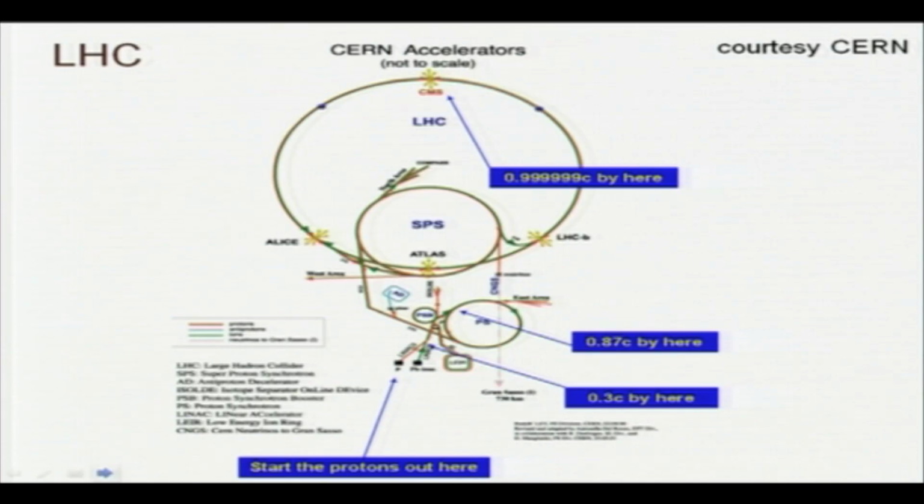Okay, that's an aside, but now coming back to the LHC, we will see that this complex has different stages of accelerating protons. They are produced at the start, then accelerated through a linear accelerator and a PS, the proton synchrotron, to some energies, and finally, when they come to the LHC's ring of 27 kilometer perimeter, the speed of the proton is 0.9999999 c, very close to c.